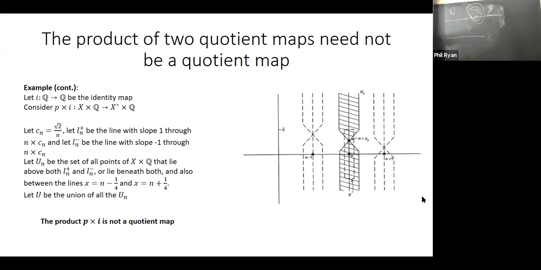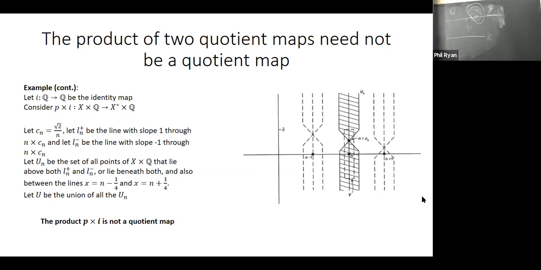And then we're going to consider the line of slope 1 going through there and the line of slope minus 1 going through there, giving us a nice X. And so we're going to let Un be this open set here, which is all the points that are either above both lines or below both lines and lying within a quarter. So this goes from some number and 3/4 to some number and 1/4. Okay, so let that be Un.